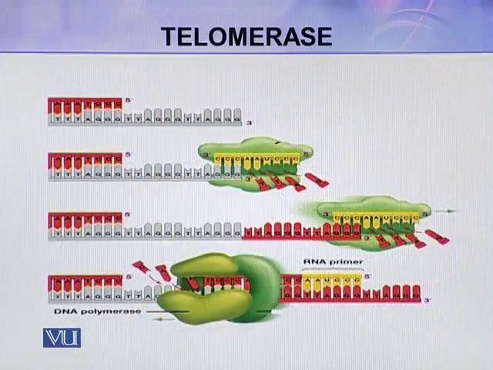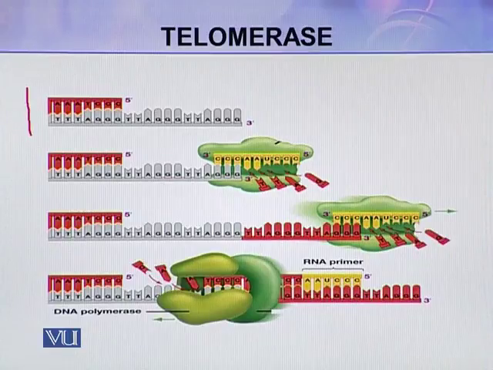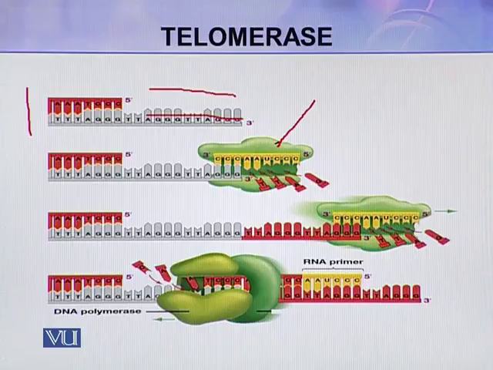Here in this figure you can see the situation at the end of replication. This strand is complete, but this one is incomplete. The green one is telomerase. It has its own RNA component, which you can see as this yellow sequence, and by attaching to this extreme end, it starts the extension of this end.